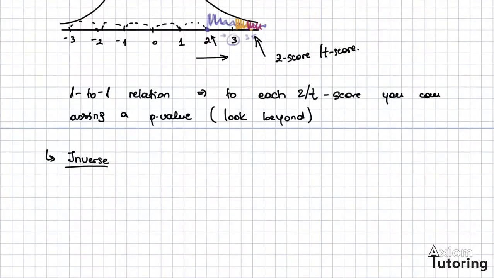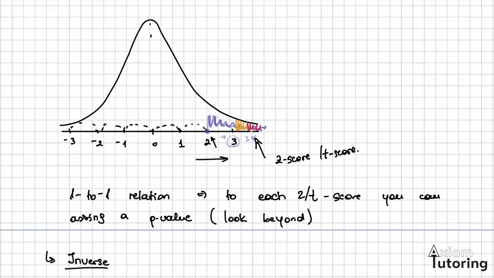So in absolute terms, the bigger the z or the t value, the smaller the p-value that is associated with it. And the opposite, smaller z or t's will mean larger p-value. This graph obviously makes it clear.